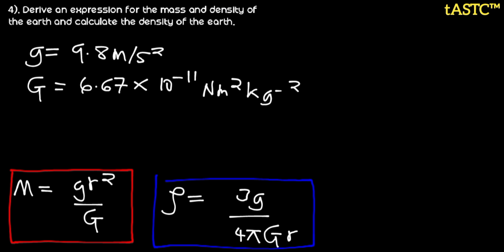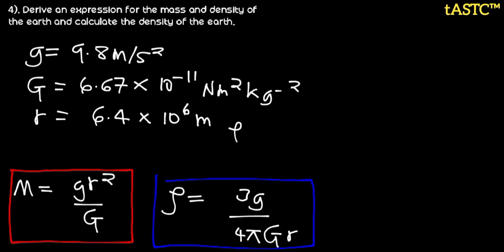Now we also have R. What is going to be R? R is the radius of the Earth, so that is going to be 6.4 multiplied by 10 raised to the power of 6 meters, approximately. So we need to plug all these in and find out what that's going to give.